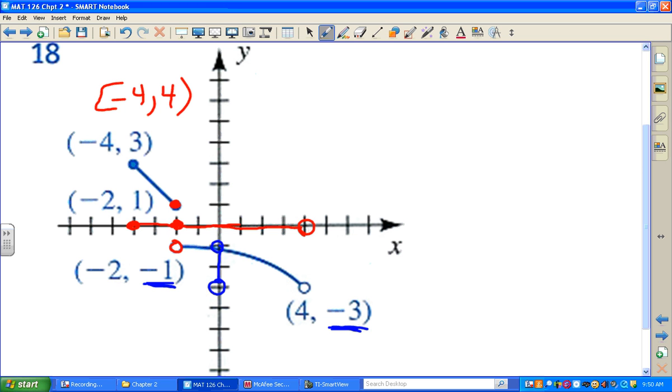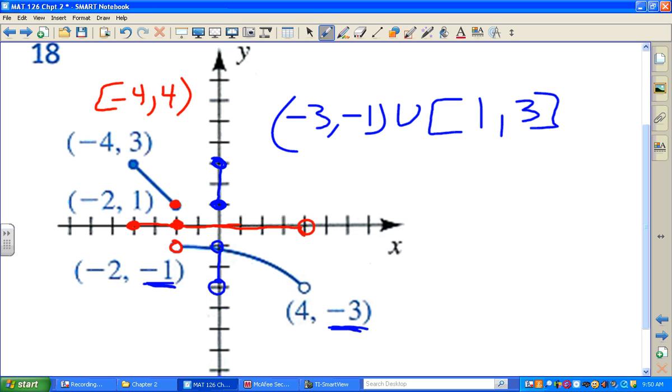And what else are we using? Oh, closed from 1 to 3. 2 different regions. How do you write union? That's how you do it. -3 to -1, union 1 to 3. I like that interval notation.